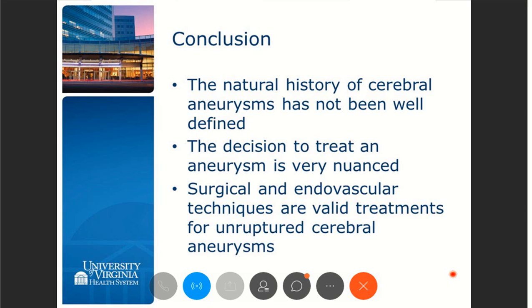So I do MRA follow-ups yearly for the first couple of years, and then after that, I'll do every 2 years, and then 5, 10 follow along over time. Because again, we're trying to document growth of an aneurysm, but we also have to be cognizant of efficient use of our limited medical resources.